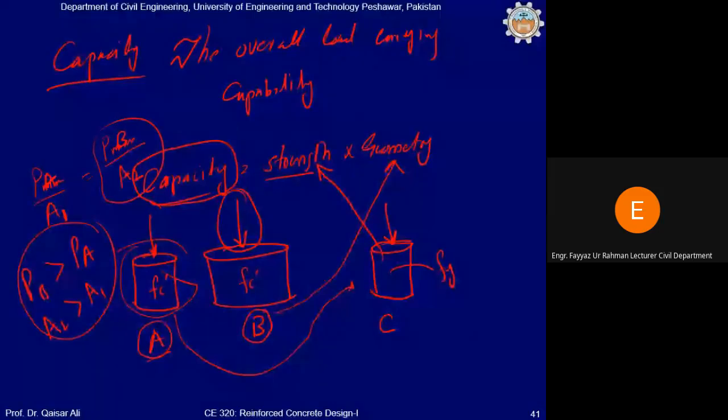Clear? क्योंकि strength तो ratio है load divided by area का. So by increasing the area you have increased the capacity, so it will take more load. But now if you calculate the strength, you have to divide that load by its respective cross-sectional area, and the strength will remain the same. Clear? अब समझ में आ रही है बात?